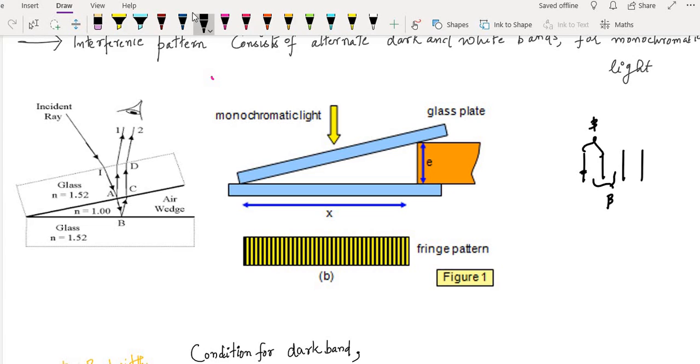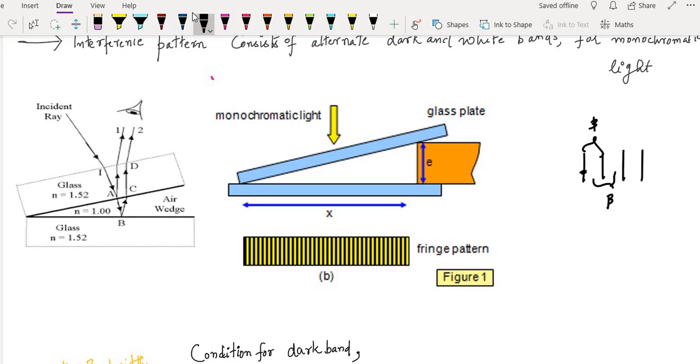We have two optically plane glass plates. If the glass plates are not optically plane, we will never get a pattern like this. By the principle of interference, when light is incident on this arrangement, we always make sure it is normal incidence to avoid complications.